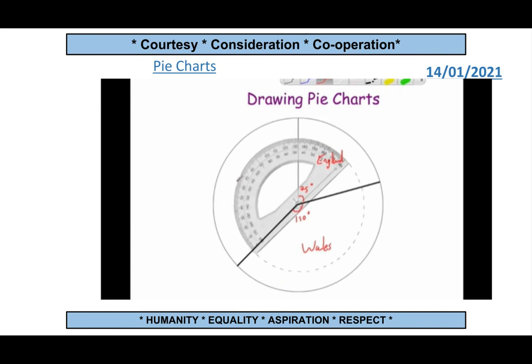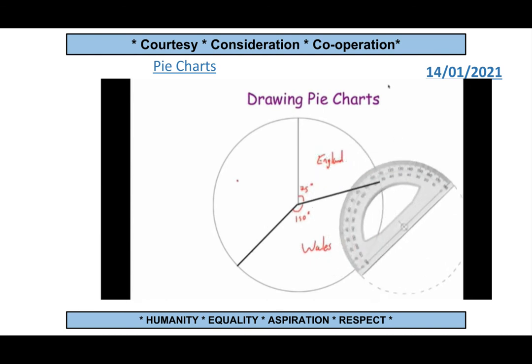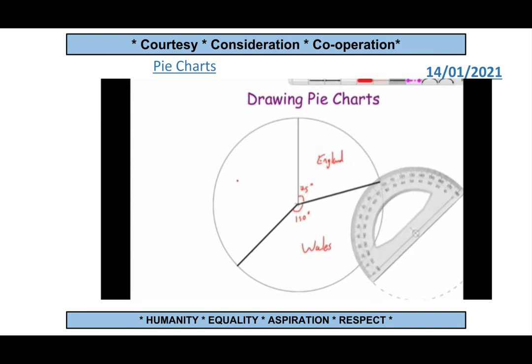Put a point there. Remove my protractor, and then draw a line in. So as you can see, that angle will be 65, and that one is Ireland.